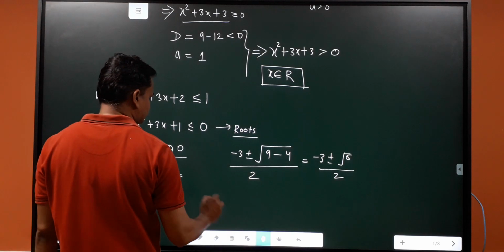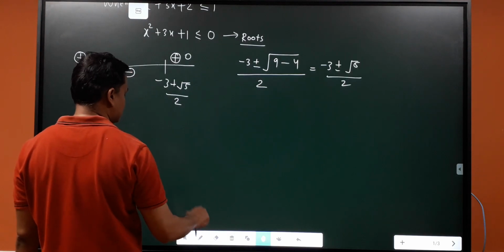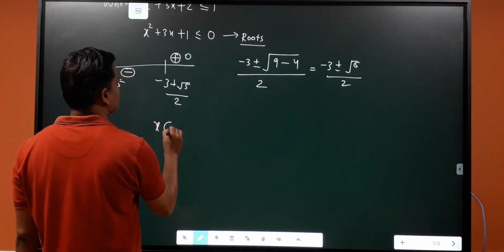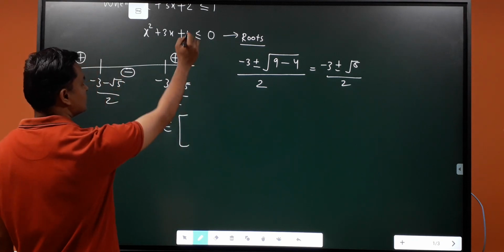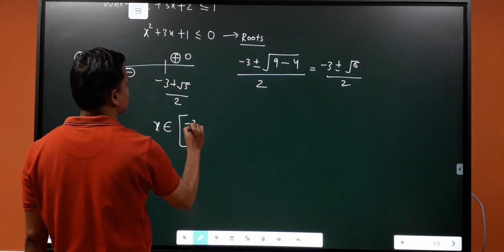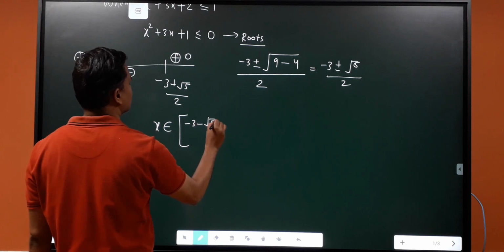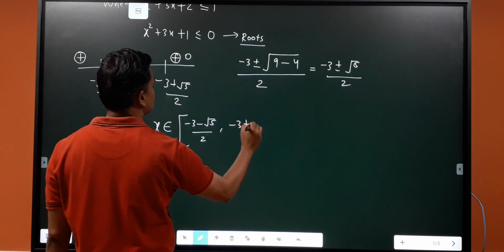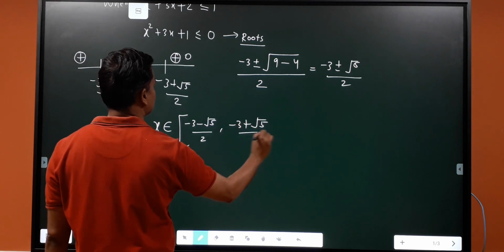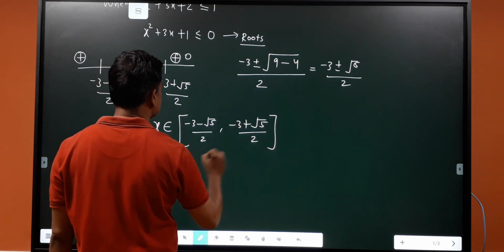Therefore, our x will belong to the closed interval. Why closed interval? Because there is equality: minus 3 minus root 5 by 2 to minus 3 plus root 5 by 2. I hope it is clear.